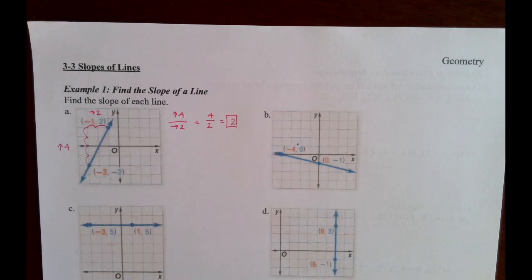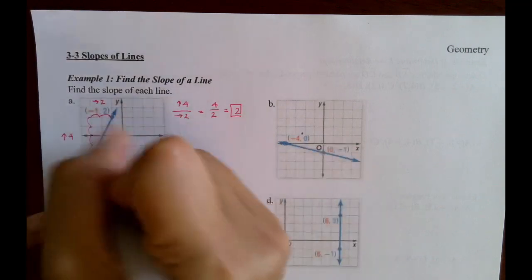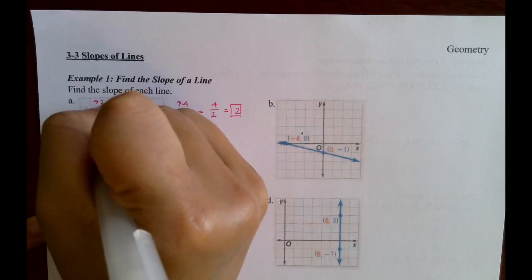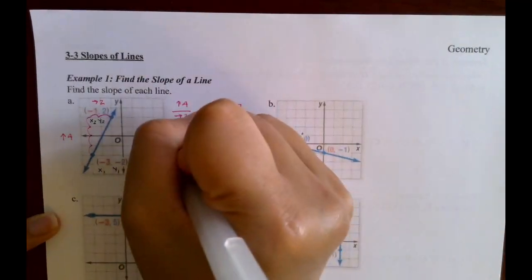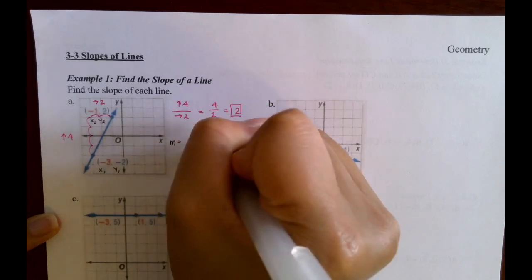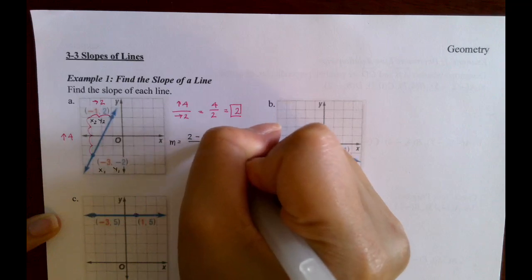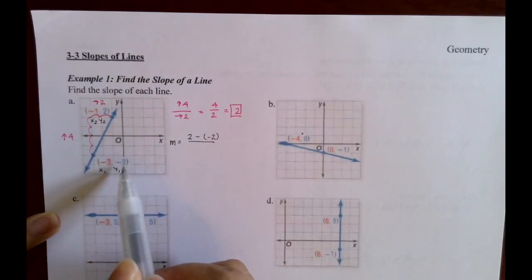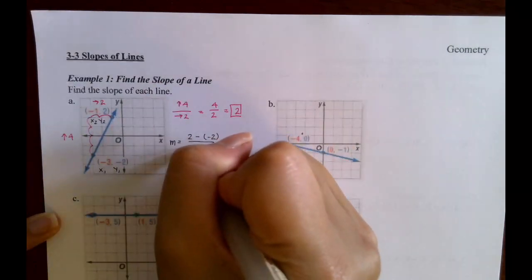If it did not give me a graph, no problem, I could still get the slope. I just pick one point to be x1, y1, and the other point to be x2, y2, and I plug it into the formula. So m equals y2 minus y1, so 2 minus negative 2, over negative 1 minus negative 3.